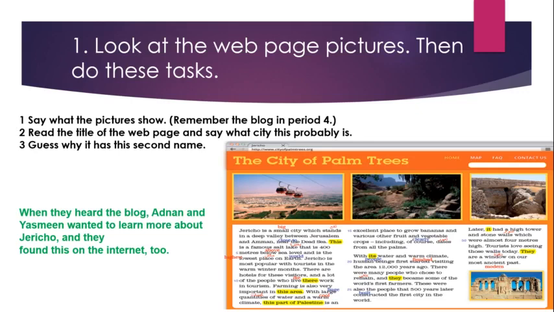When they heard about the blog, Tina and Jack's blog, Adnan and Tina decided to go and learn more about Jericho and they found this page on the internet. They found this page about the city of palm tree on the internet and they want to learn more about the city of Jericho. Let's start our lesson and know what they learn about Jericho.